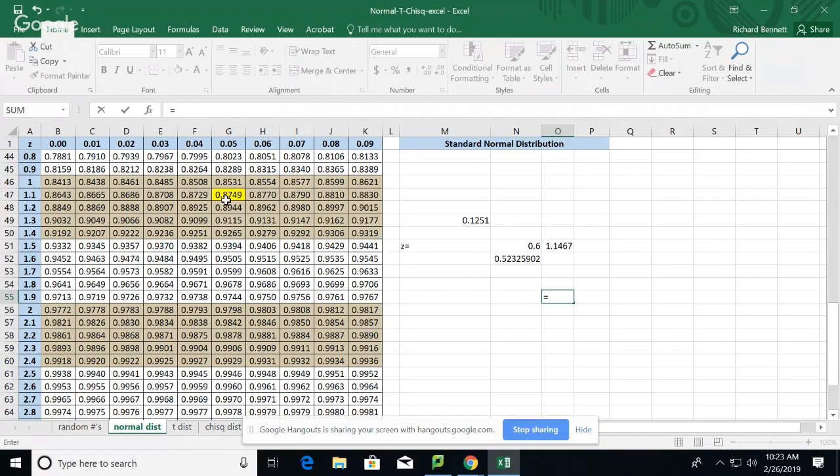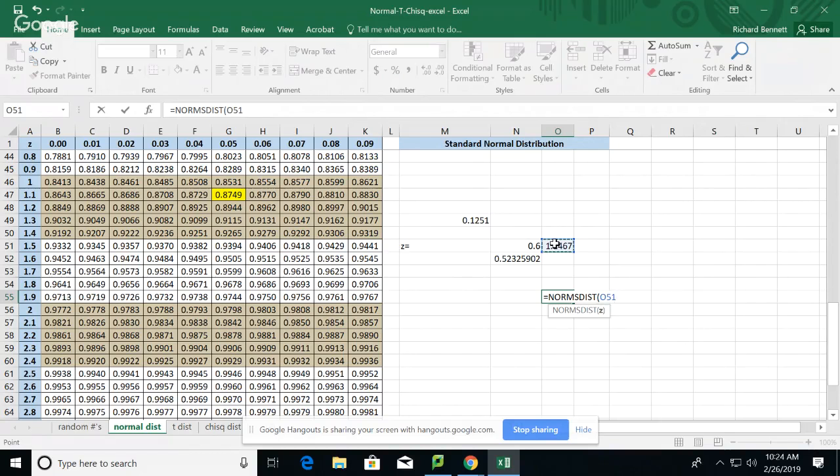Equals z-test. No, not equals z-test. Is that the correlation one? Equals NORM.S.DIST. Did I not show you this? It's a good thing we're reviewing this. Now, the problem is this Excel function works the same way that chart works.